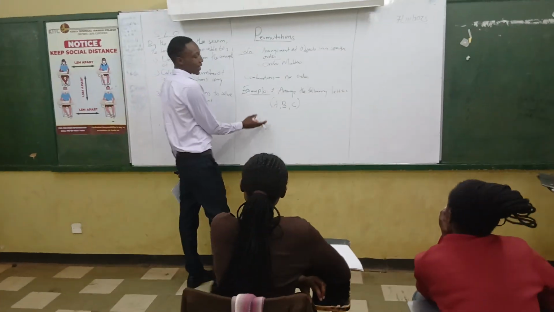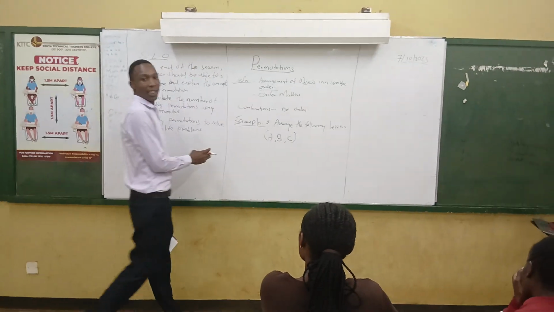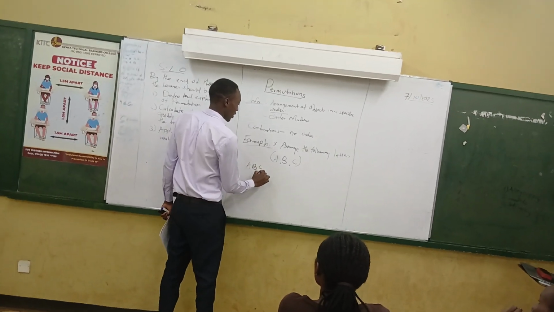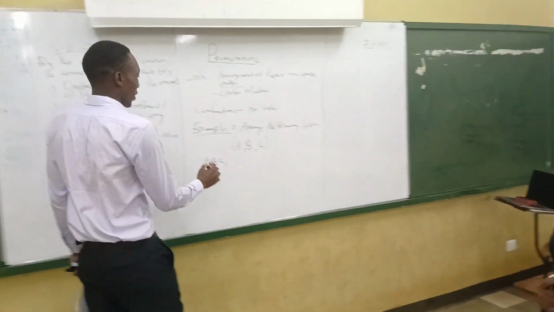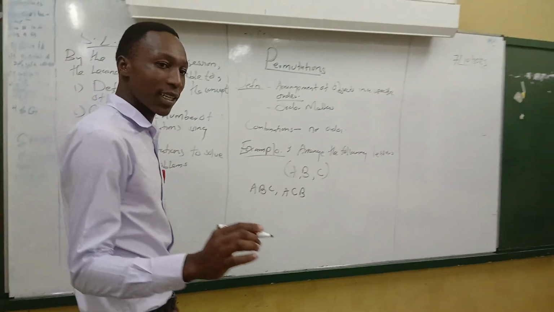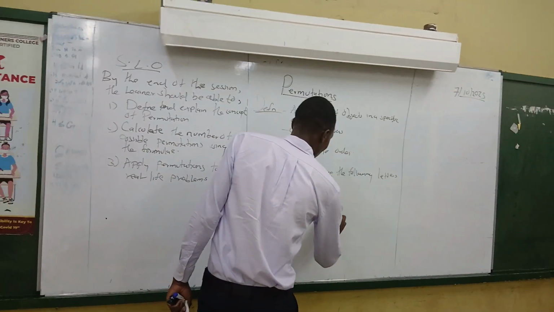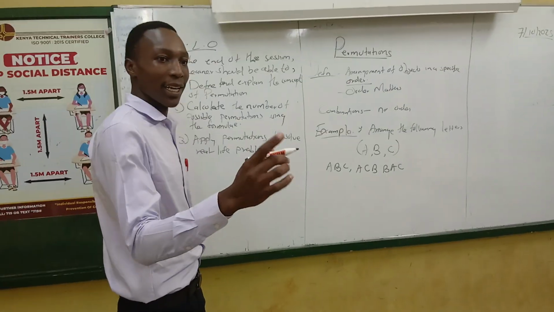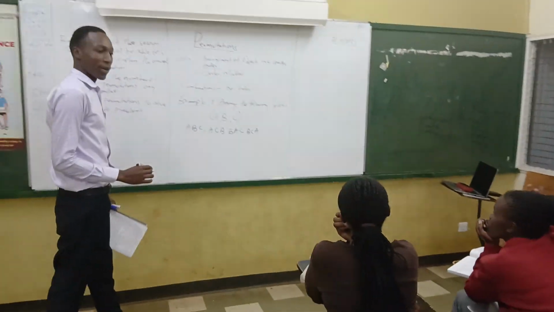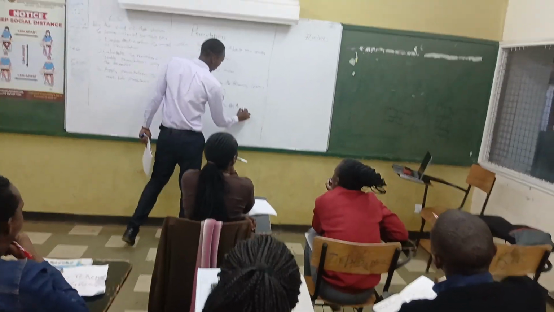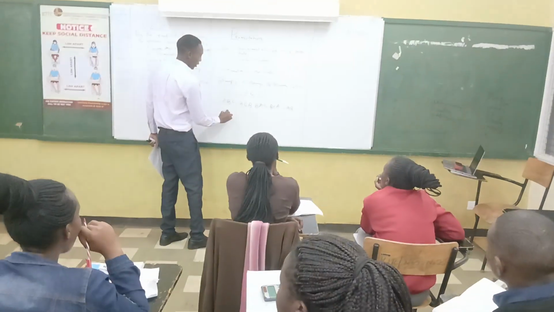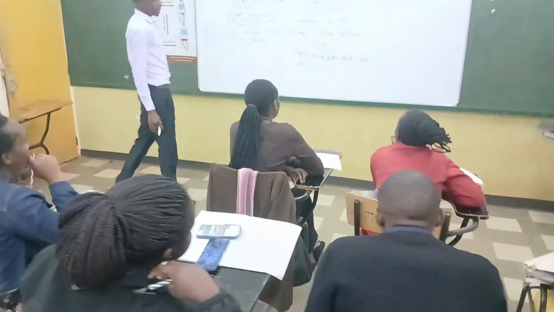The first outcome can be A, B, C. The second, A, C, B. Another one, B, A, C. Then B, C, A. Another one, C, A, B. And then C, B, A. Do you have any other way we can arrange it?